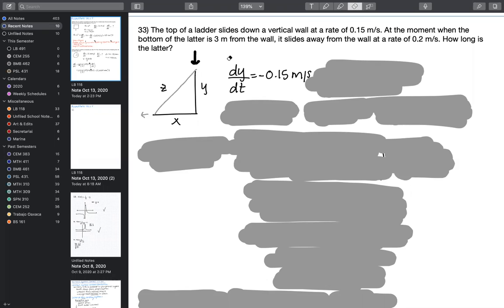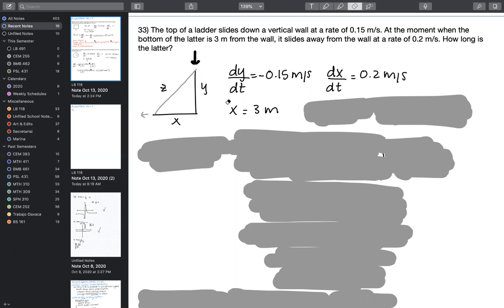So like I said, it's not always going to be increasing or decreasing, or a positive or negative rate of change. You have to contextualize and figure out what the problem is actually telling you. So then the next thing we're going to write down is dx/dt. So visualize this ladder sliding down, and as it does, the bottom of the ladder goes further and further away from the wall, and so x is increasing at a rate of 0.2 meters per second, which is given to us in the problem.